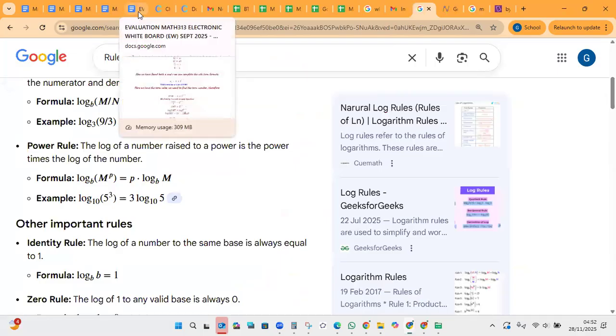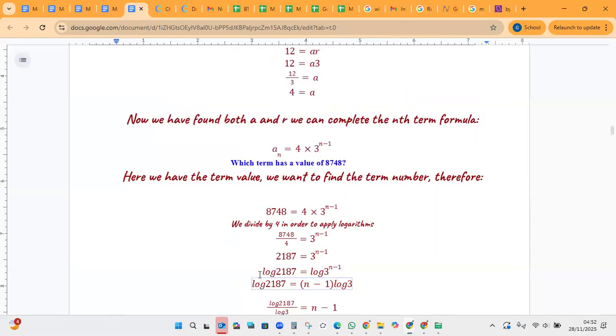So that's what was done here. We find logs on both sides. Log of 2,187 is equal to log of 3 raised to the n minus 1, and the n minus 1, in a bracket, comes down as a multiplication to log of 3.